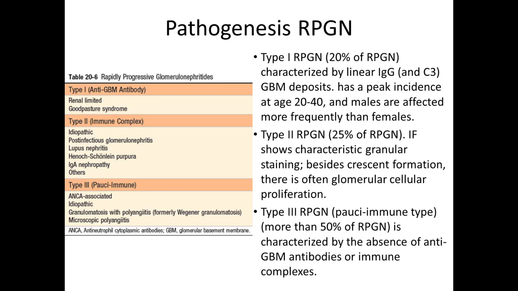This type has a peak incidence at age 20-40 years, and males are affected more frequently than females. Type 2 shows characteristically granular staining and crescent formation. There is often glomerular cellular proliferation. And of course, type 3, more than one half of the cases of rapidly progressive glomerulonephritis, is characterized by the absence of anti-glomerular basement membrane antibodies or immune complexes.